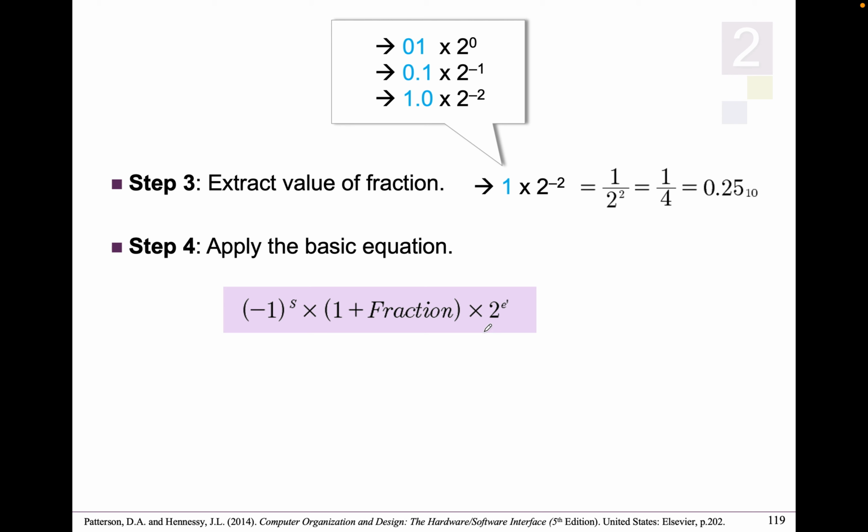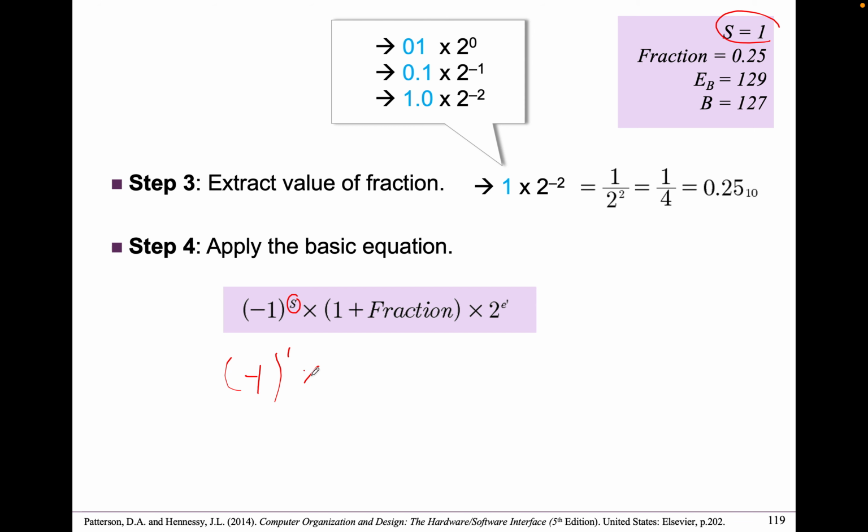You have your sign value, which is 1, then 1 plus your fraction, which is 0.25, multiplied by 2 to the power of E prime.